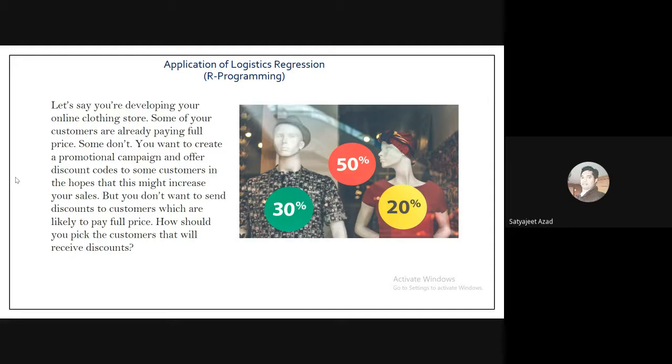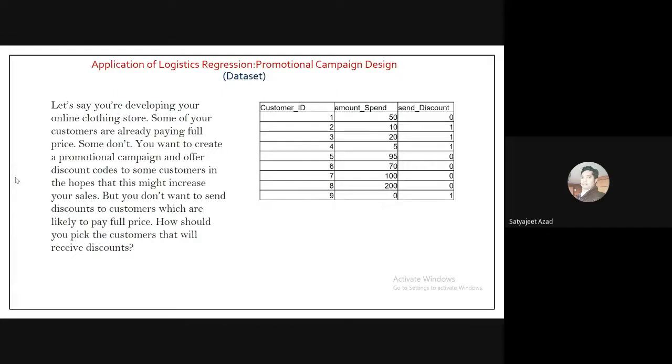This is a classification case, and I'll show you the data set here. In this data set there are customer ID and amount spent, which are basically features, or independent variables for now. But sending discount is the target variable, the output or response variable.